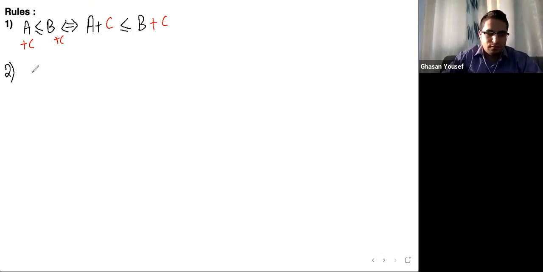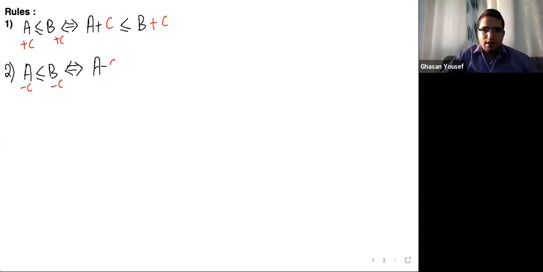Number two: if I have a less than or equal to b, and I would like to subtract the same quantity c from both sides, I get another inequality, a minus c less than or equal to b minus c, with the same sign. So if I subtract the same quantity from both sides of the inequality, I get an inequality equivalent to the first one.